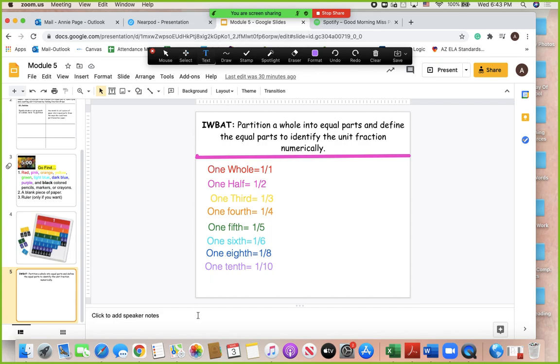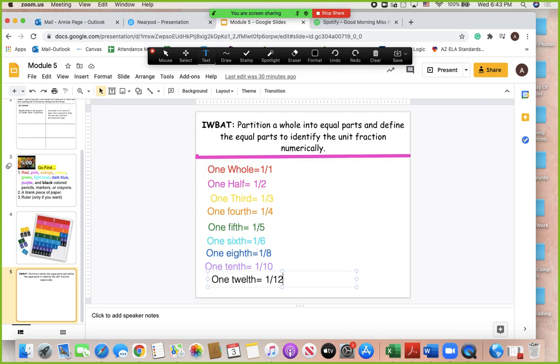And lastly, black. It is 1/12. All right, 1 piece out of 12 pieces in total.